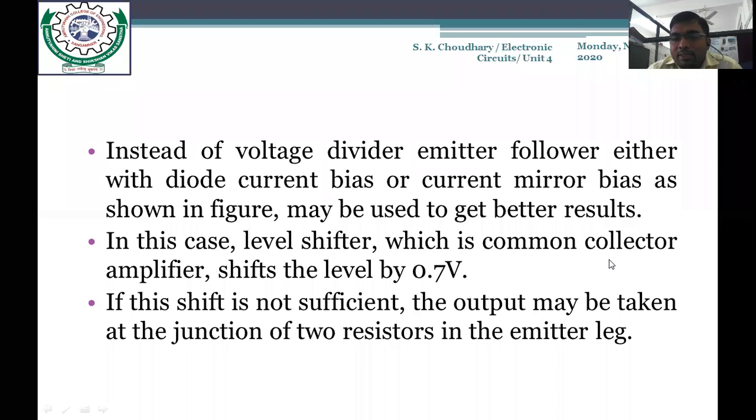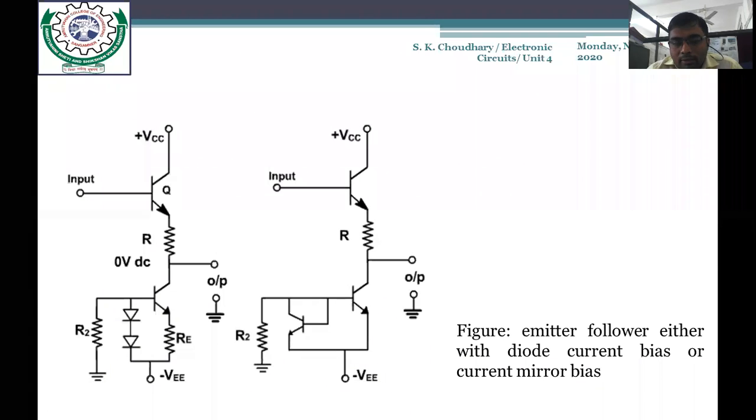If this shift is not sufficient, the output may be taken at the junction of the two resistors in the emitter leg. These are some other alternative configurations available for the level translator, where we have connected the emitter follower along with a diode network as well as a current mirror biasing network.